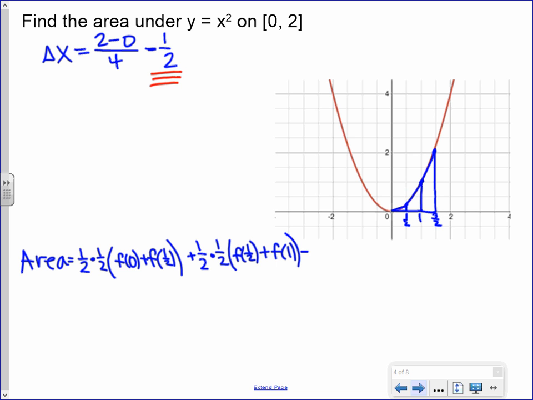Next trapezoid: 1/2 times the height. This trapezoid stretches from 1 to 3/2, so our bases are the function value at 1 and the function value at 3/2.